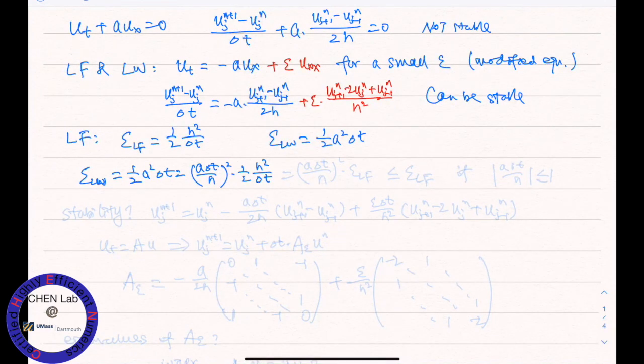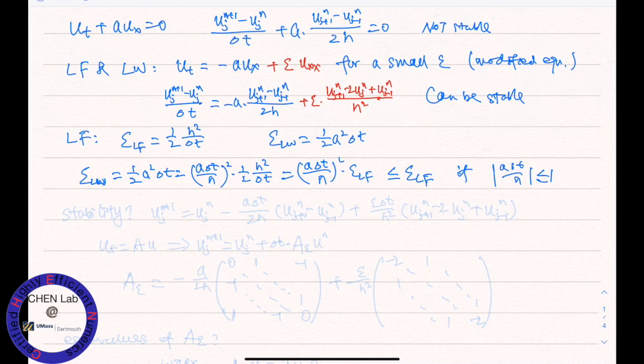So cancel h squared, cancel delta t, and you get one half a squared delta t. So this is just a delta t over h squared times epsilon h squared over delta t, that's Friedrichs. So epsilon Wendroff is less than or equal to epsilon LF if a delta t over h is less than or equal to 1. This shows that the Friedrichs is more dissipative because it introduces more diffusion.